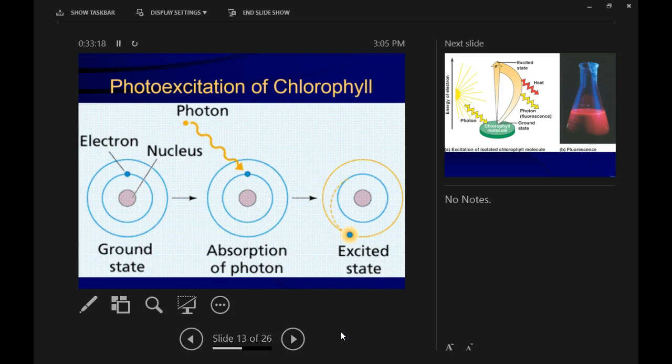And then it drops back down. It took energy from light to make it go up, but it's also going to release energy when it drops back down.